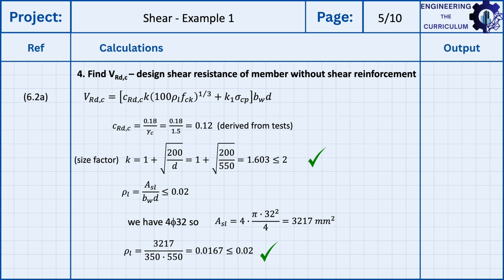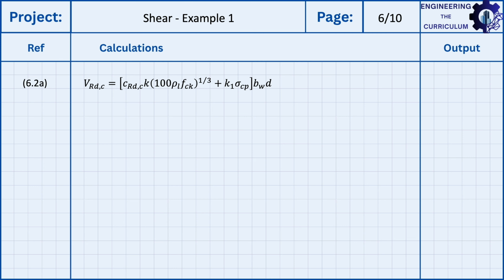And we need to divide that number by BW times D, 350 times 550, and that works out as 0.0167, and that number, rho L, needs to be smaller or equal to a ratio of 0.02, which it is. So just a reminder of what that equation looks like for VRDC, and we can add here K1, which is 0.15, and sigma Cp, which is 0 because we do not have any axial force in this example.